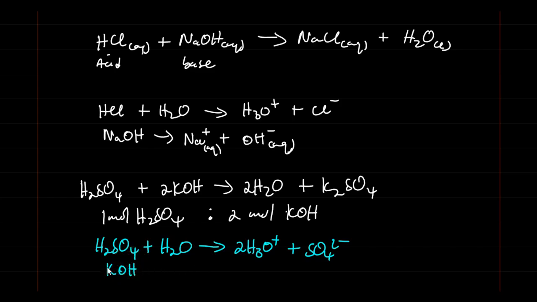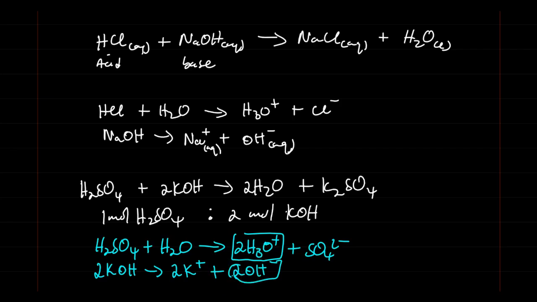If I have 2 KOH, right? 2 KOH is going to give me 2 K+ plus 2 OH-. You see, when I say at the equivalence point the moles of hydronium are equal to the moles of hydroxide, this is what I mean. Notice this: this is 2 moles of hydronium, and this is 2 moles of hydroxide.